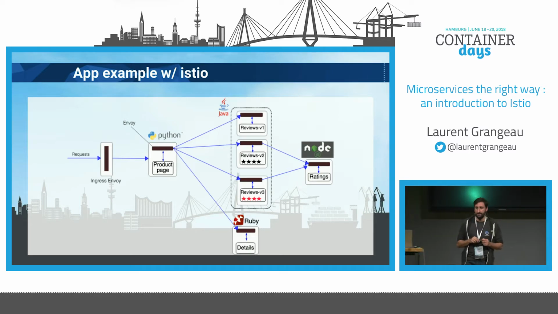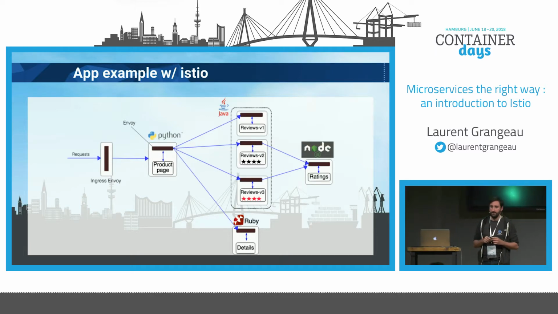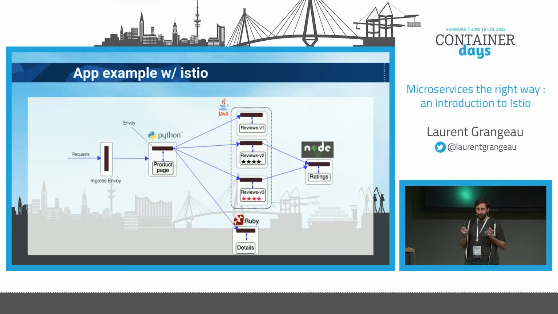Yes? Is it working with a network plugin, or is it integrated with a network plugin? So when I deployed Istio, I deployed it like that. I don't play with the network plugin, but it's over the network plugin. So it defines its own networking system, its own routing system. As you can see here, the routing is based on the Envoy proxy, so different proxies.